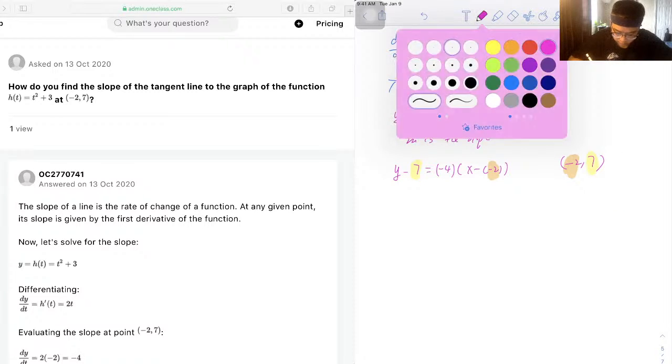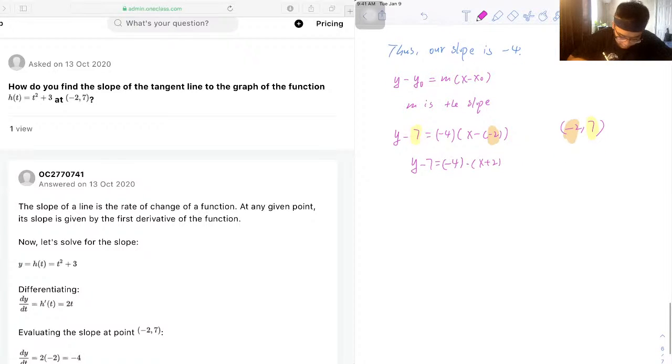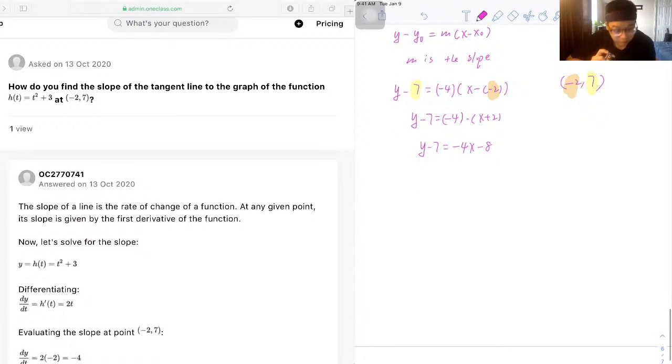Okay, so continuing our calculation, we will have y minus 7 is equal to -4 times x plus 2, and y minus 7 is equal to, using the distribution rule, -4x minus 8. And then, since we only want y on one side, we need to add 7 on both our left-hand side and right-hand side.